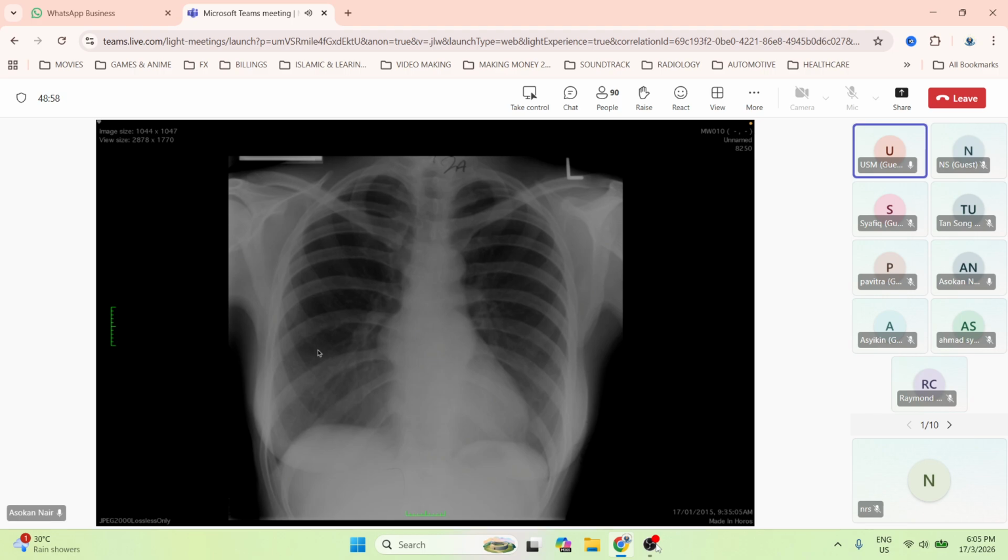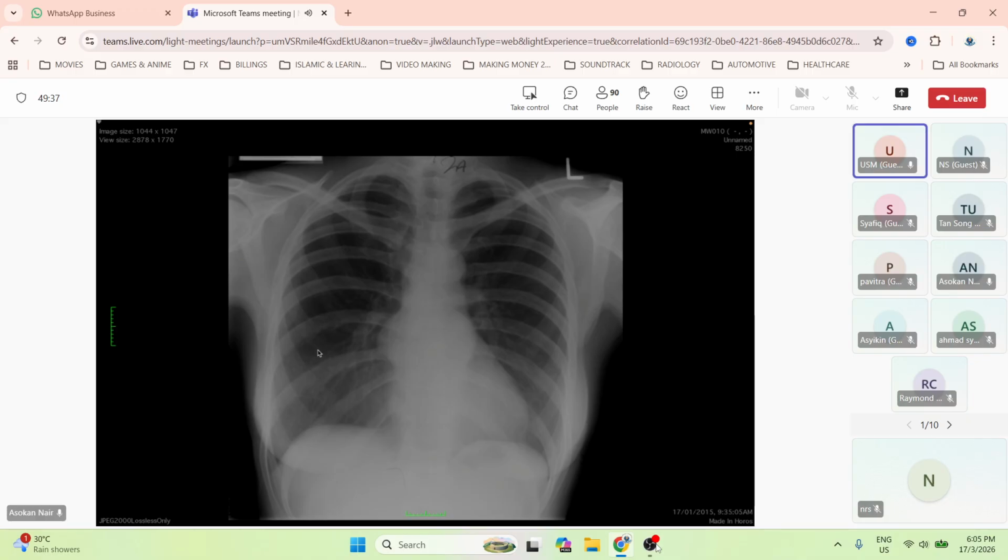So from this radiograph, my diagnosis will be an anterior mediastinal mass. The differential could be thymoma.